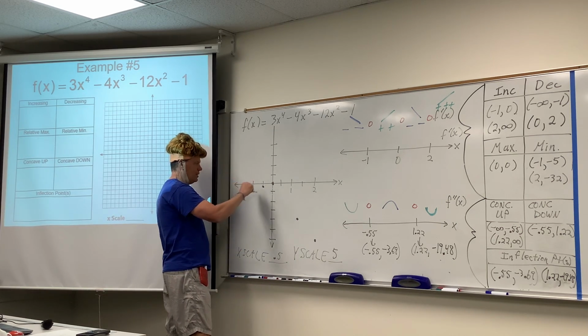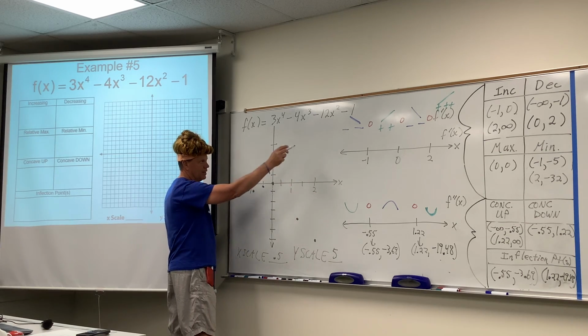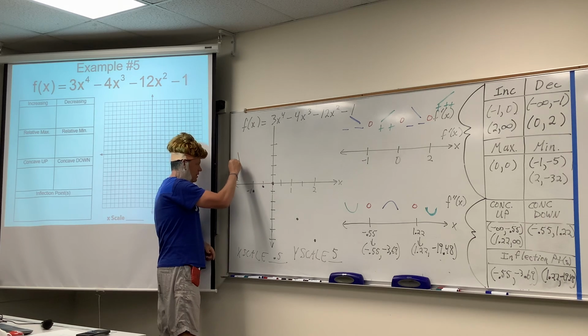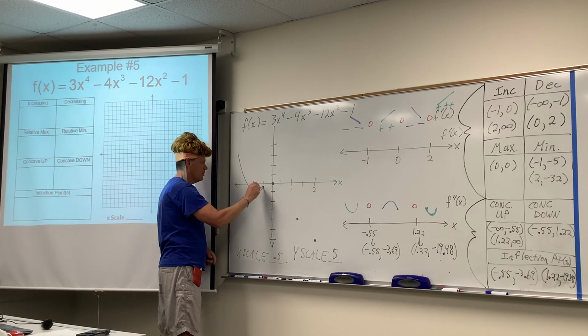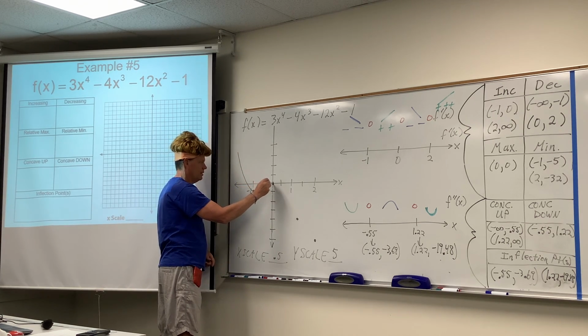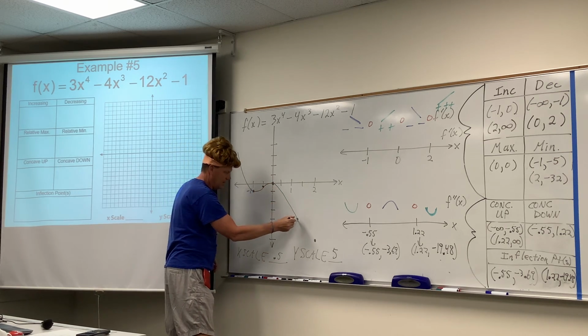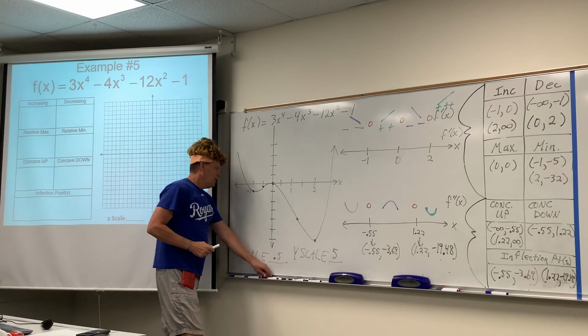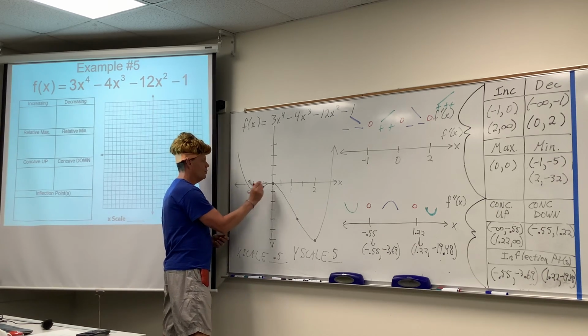So, decrease, increase, decrease, increase. I'm looking at the first derivative. Decrease, hit the inflection point, increase. There again, we've got these points where the tangent line was horizontal.